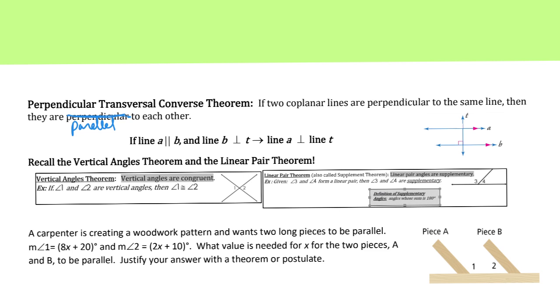If you said it the opposite way and asked what the perpendicular transversal theorem is, you'd say, let me read it for you: if a line is perpendicular to one of the two parallel lines, then it's perpendicular to the other one. So we could work it either way.